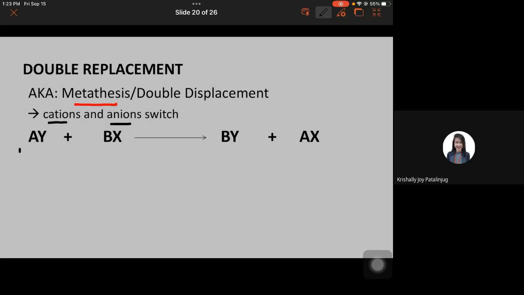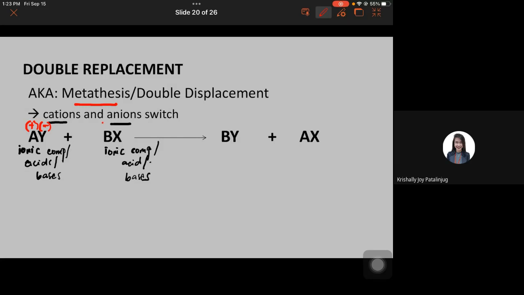You treat these two substances as either ionic compounds, or they could be acids or bases. Again, AY or BX on the reactant side could be ionic compounds, acids, or bases. Okay, so any ionic compound, acid, or base always consists of a positive ion followed by a negative ion.